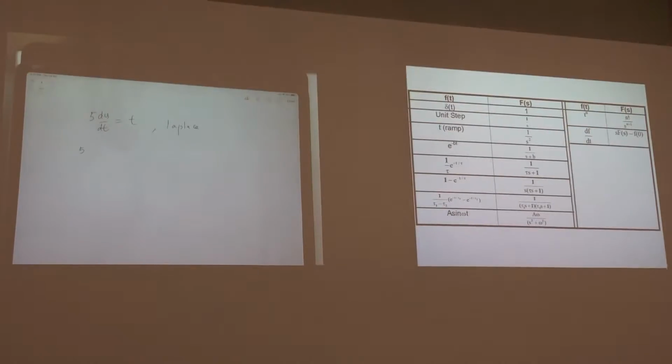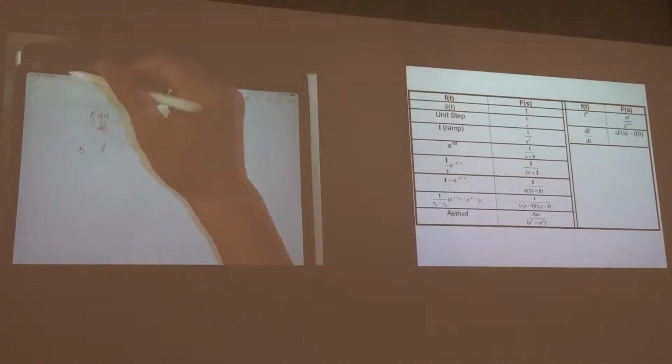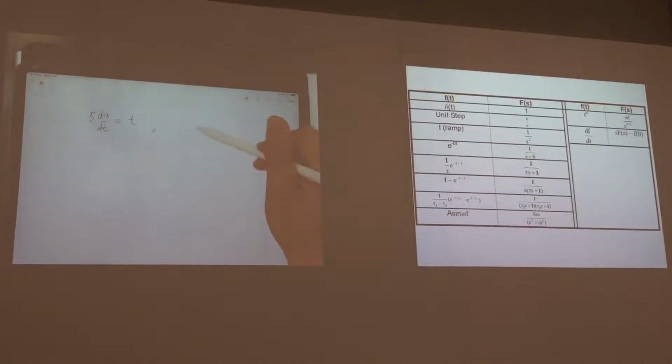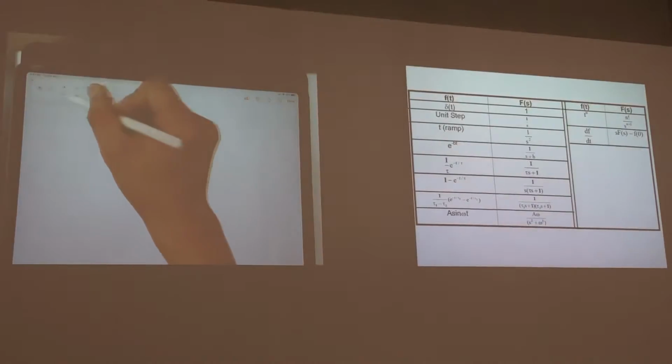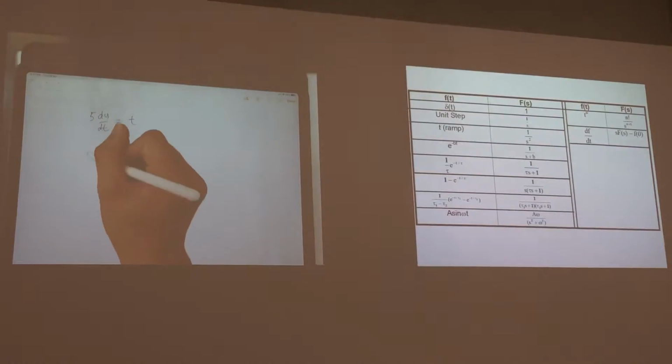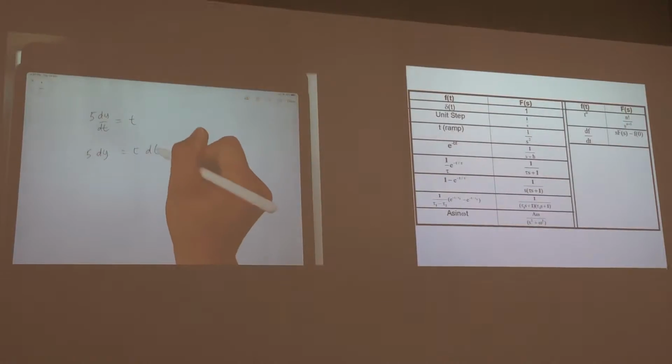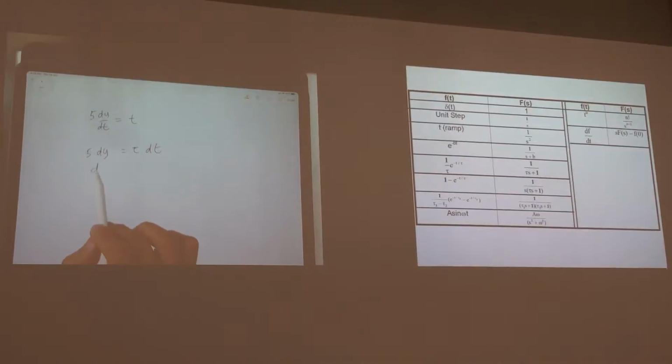Let's say for example, if I don't want to solve it by Laplace, we try. I never tried before. So let's say I have 5 dy equal to t dt. If I put it the other side, dy equal to t divided by 5 dt.